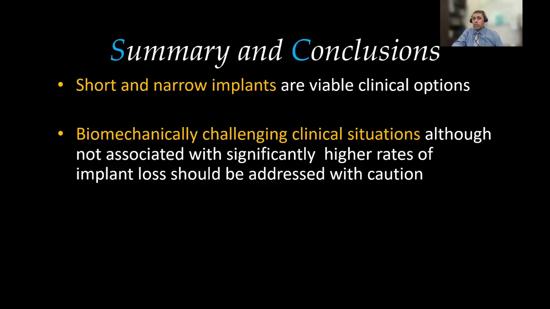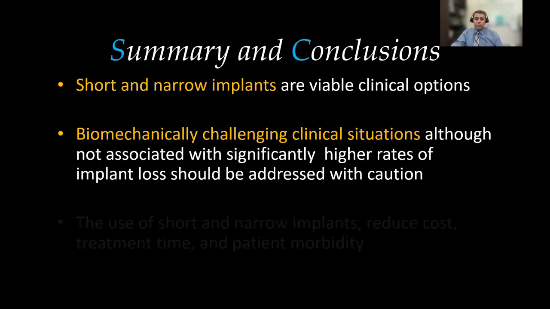Biomechanically challenging clinical situations, although they are not necessarily associated with significantly higher implant failure rates, have to be addressed with caution. Always consider getting second opinions, consulting with your specialists or colleagues, and definitely take a very, very careful look at treatment planning.